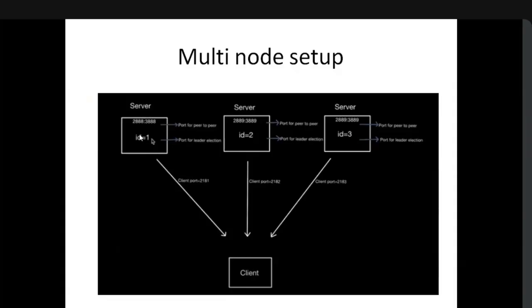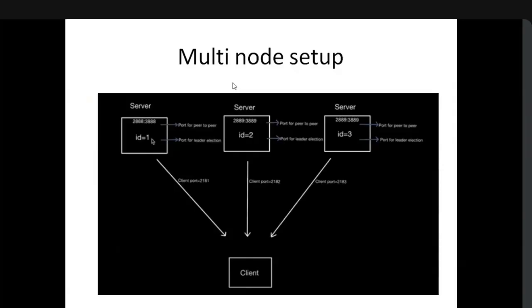Yes, very much similar to brokers, how we give different ports 9092, 9093, 9094, same way. Now, the only difference is that these zookeepers work on the concept of leader and follower, or we can say master and slave.